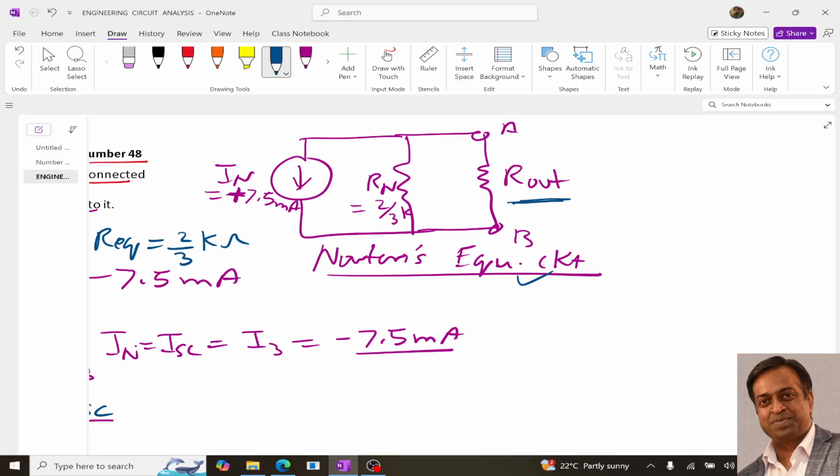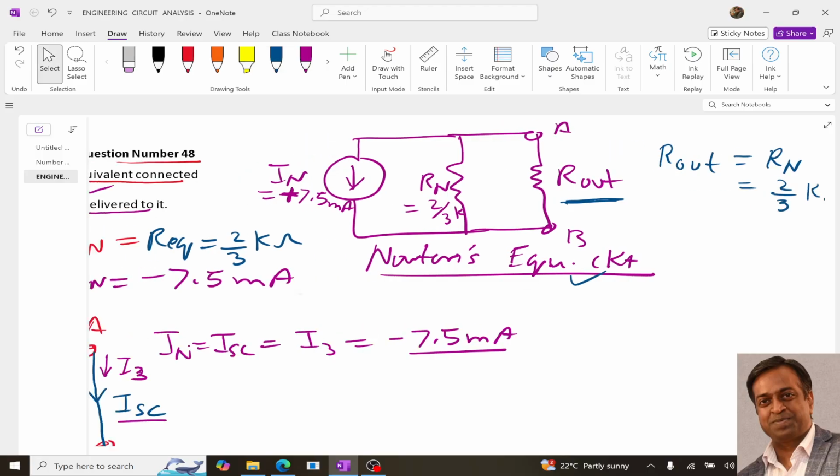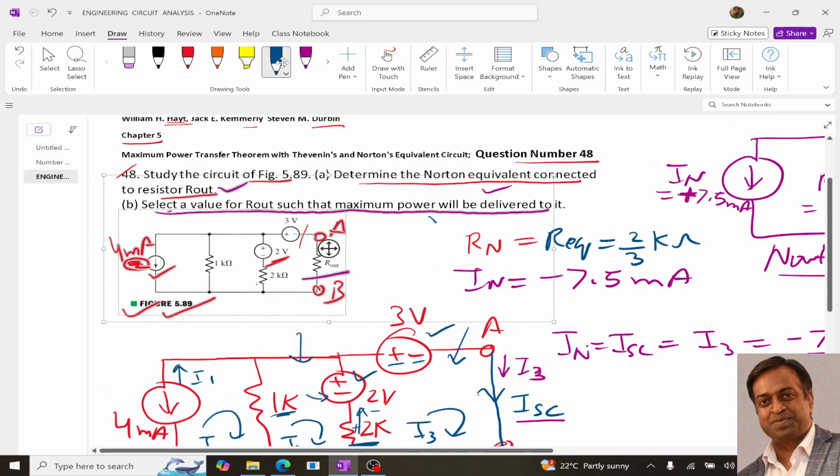So over here the load resistance is R out. So this will get maximum power only when R out is equal to the internal resistance, which is RN. So RN should be equal to 2 by 3 kilo ohm to get the maximum power delivered to it, right? So this is the answer to the second question.